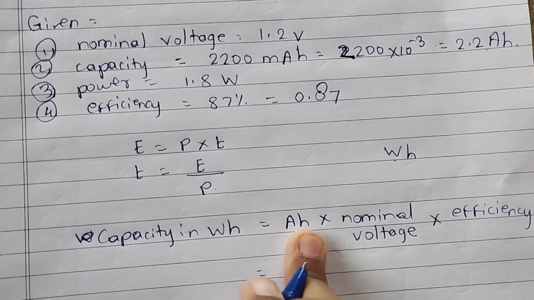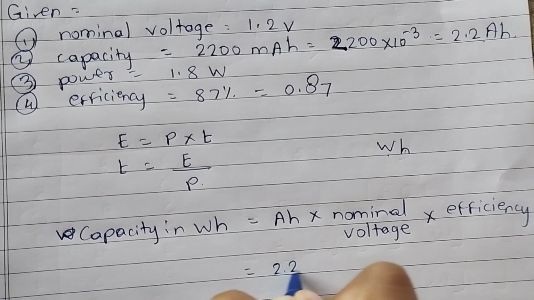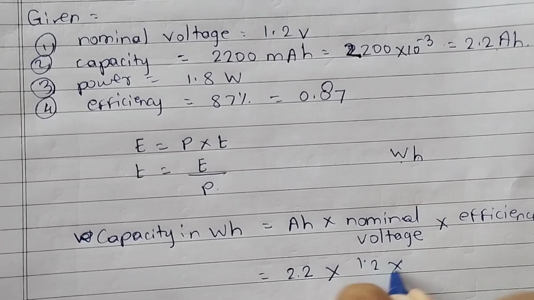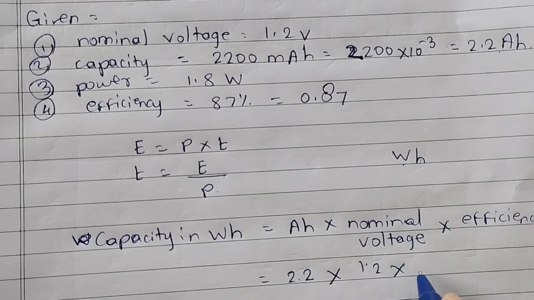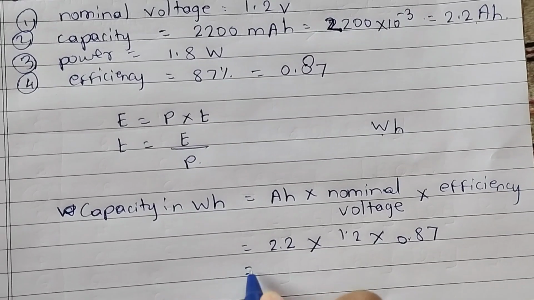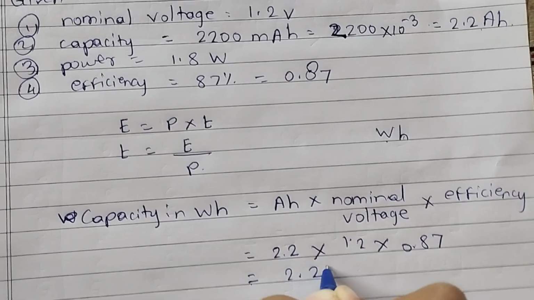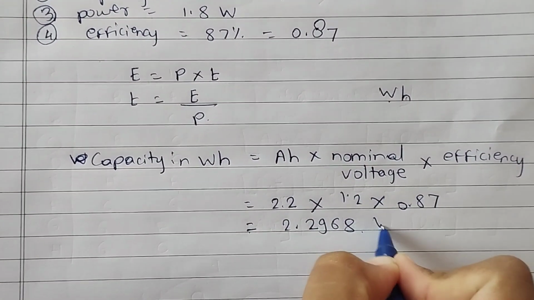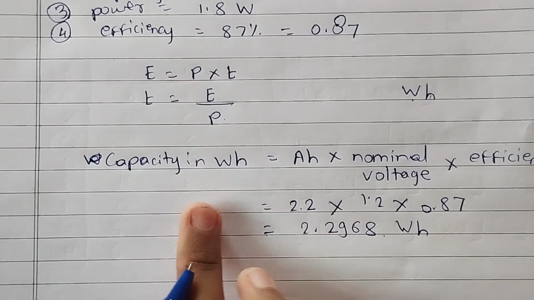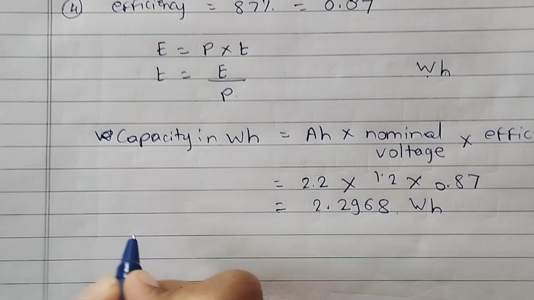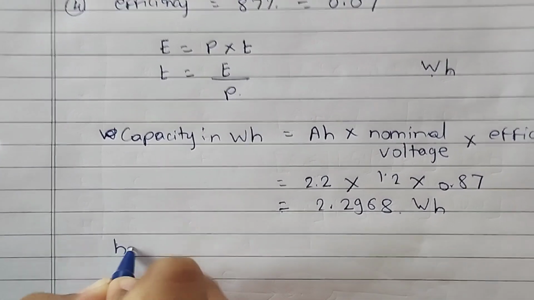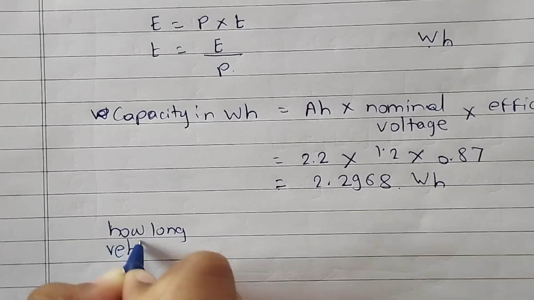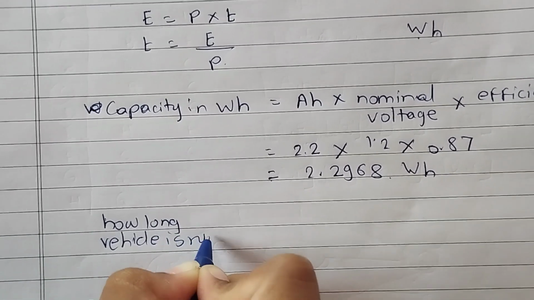So this ampere hour is 2.2, into nominal voltage 1.2, into efficiency 0.87. So the answer is 2.2968 watt hour. This capacity in watt hour we use in our formula. Now, how long does the vehicle run?